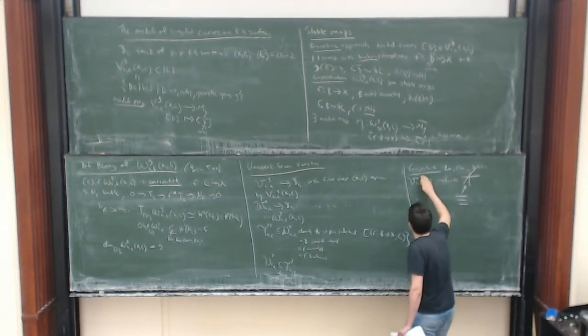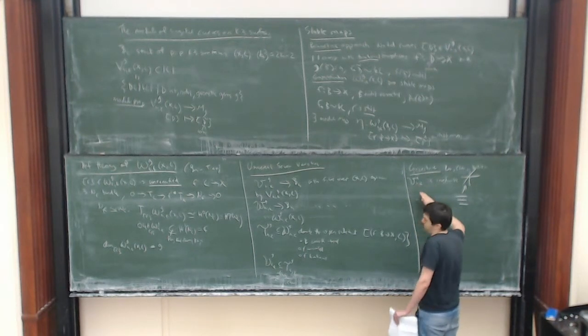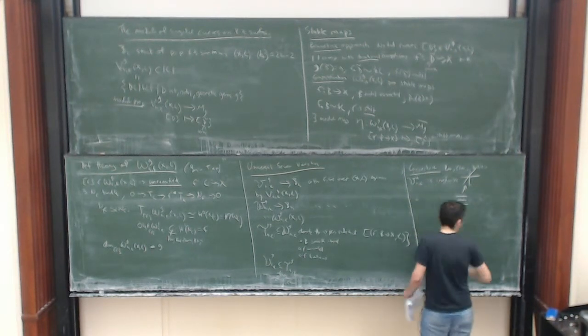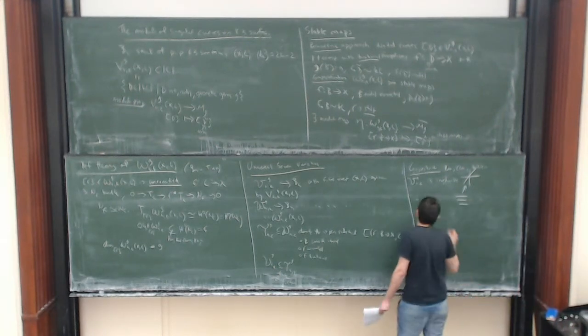And you can prove this for a small number of nodes, i.e. if G is very close to H, but in general it's widely open.